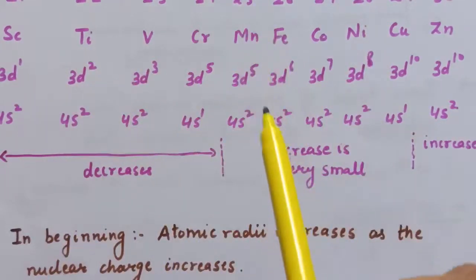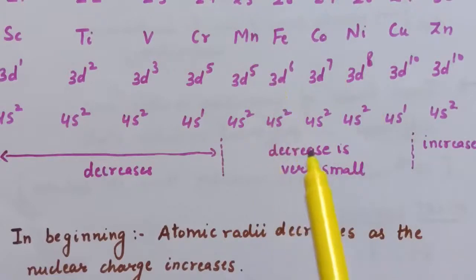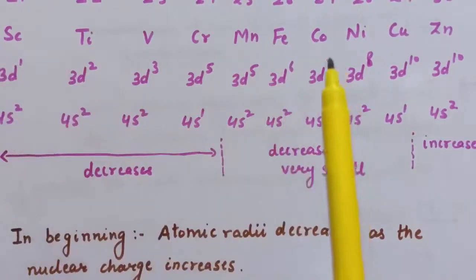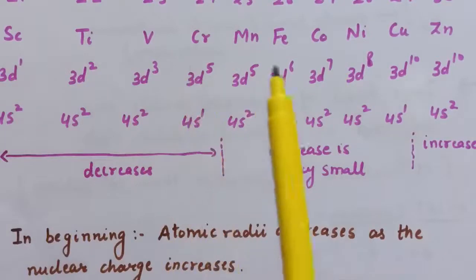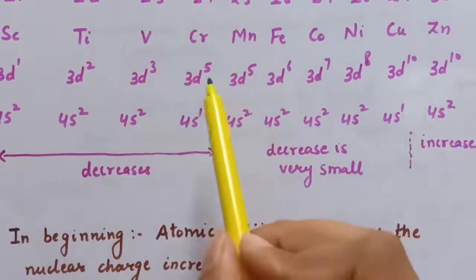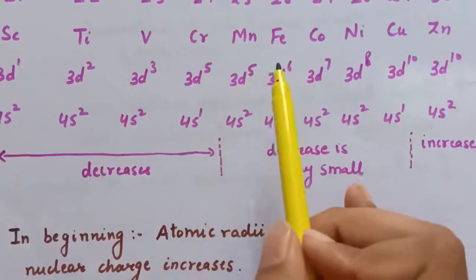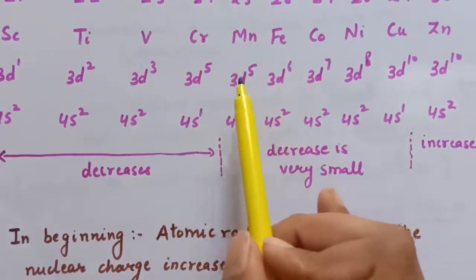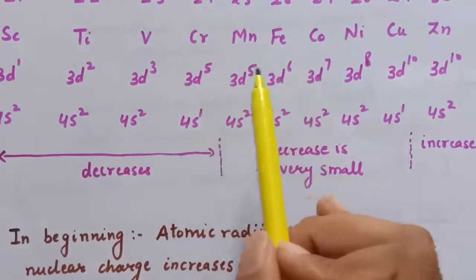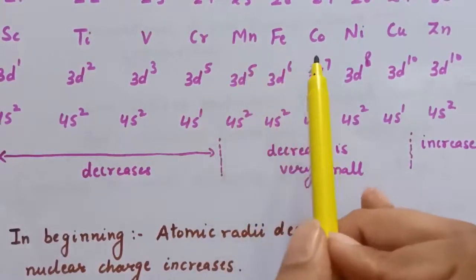But in case of middle elements in 3D series, the decrease is very small. Now this can be explained on the basis of screening effect. When we move from left to right in 3D series, the number of d electrons are increasing, and therefore in these elements the d electrons screen the outermost electron.